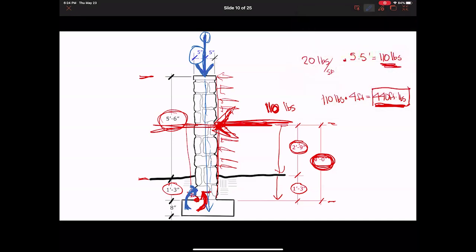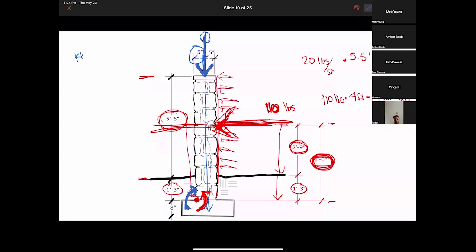And so in this case, we're given that the wall is 145 pounds per cubic foot. And again, we're just going to look at a 1 foot vertical sliver of this.